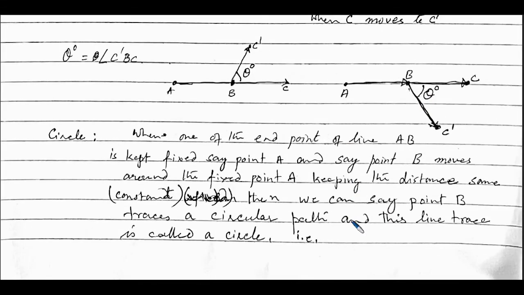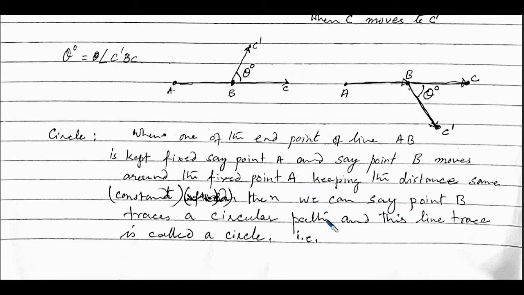What is a circle? These are all definitions I am giving. One end point of a line AB, say A, is kept fixed, and the other end point, say B, moves around the fixed point A, keeping the distance constant.